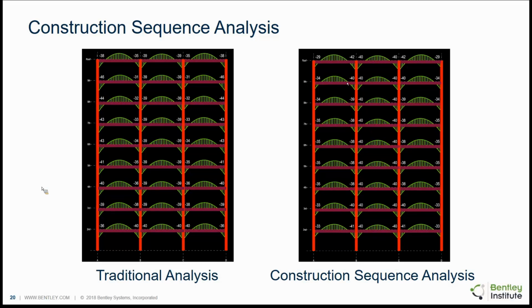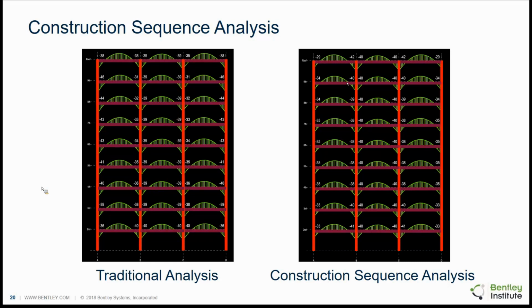Okay, so I appreciate the questions there. So what I did is I grabbed those results from those two analyses. The one on the left is the traditional analysis for the dead load, and the one on the right is the construction sequence analysis for the dead load as well.